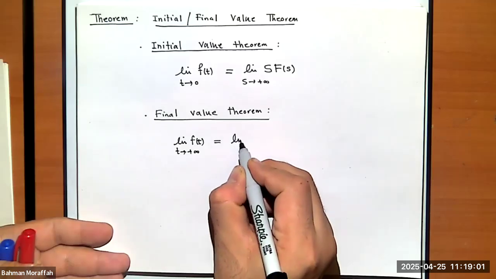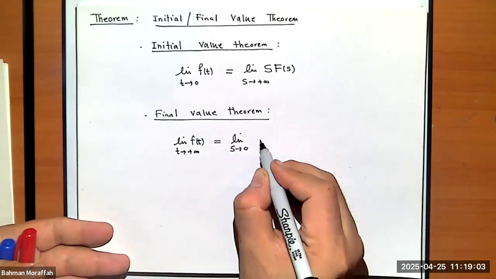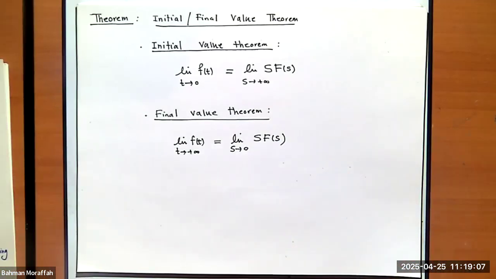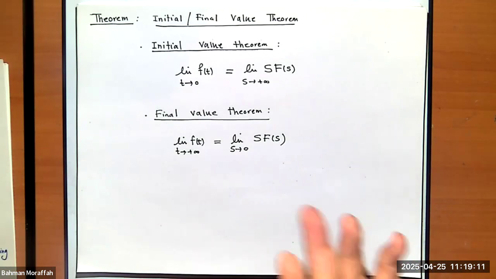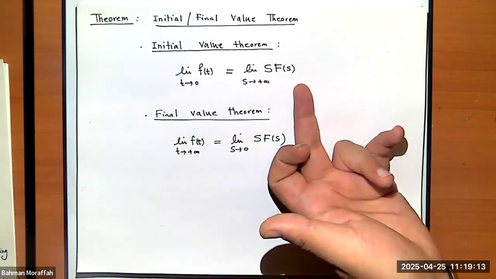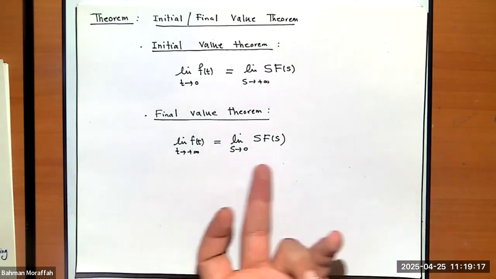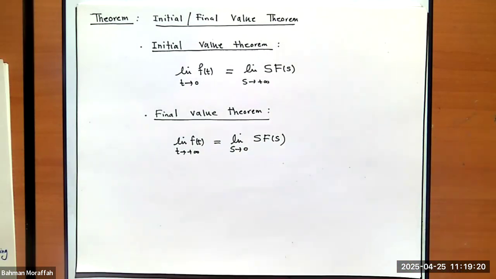I can compute this limit: as s goes to 0 of s times F(s). In some sense, they're dual of each other, right? In time domain, it goes to 0. In frequency domain, the s domain, it goes to infinity. Vice versa for the final value theorem, right?